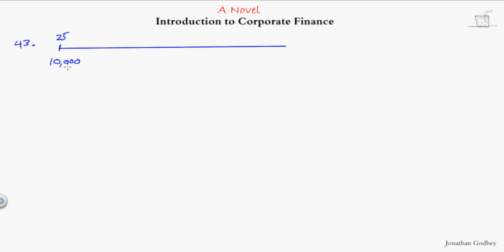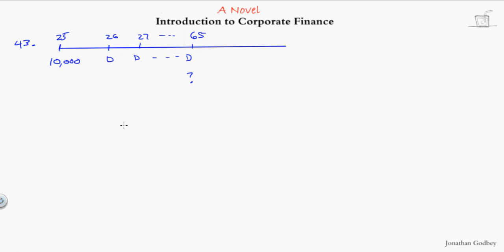You make a deposit each birthday until you're 65, so 26, 27, all the way up to 65. So deposit, deposit, deposit. You plan to increase the amount by 3% each year. So this is a growing annuity, and your account earns 8%. How much will you have on your 65th birthday?